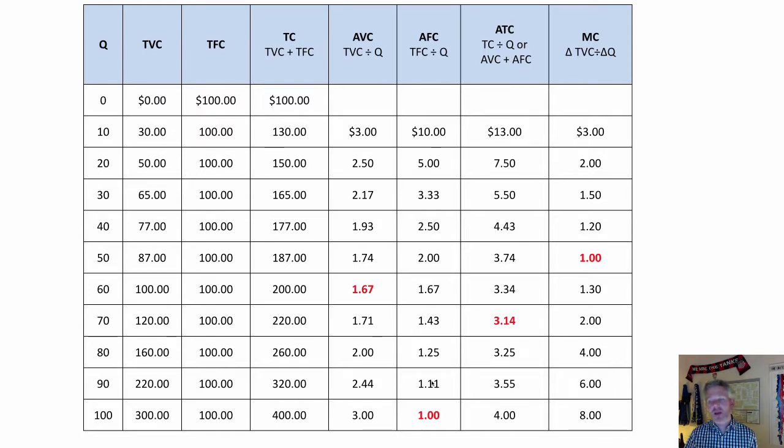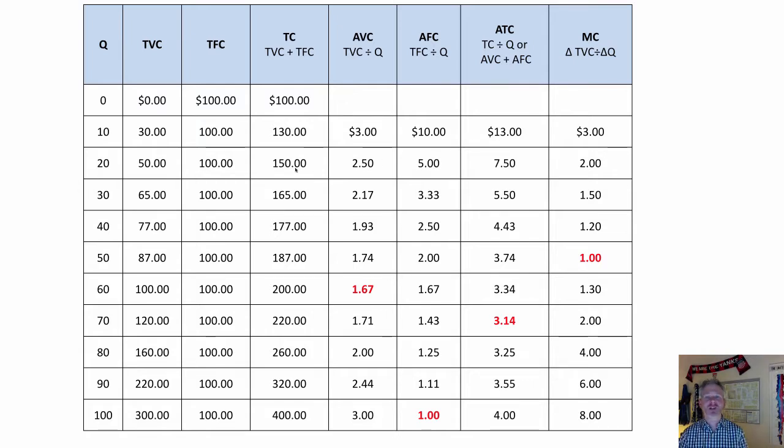The last of the average values is the average total cost. That's just total cost divided by the quantity. So again, 100 divided by 0 doesn't exist, but 130 divided by 10 is 13. 150 divided by 20 is 7.50.